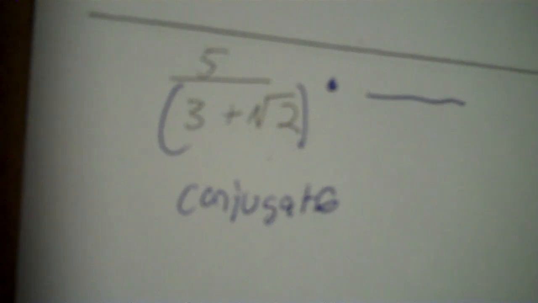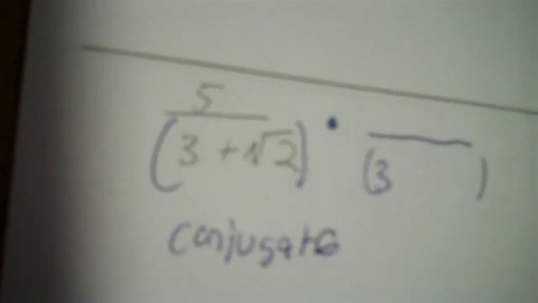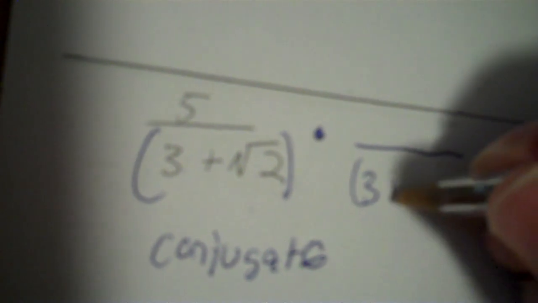You're going to multiply by a fraction, but here's how you make this into the conjugate, okay? You're going to put a parentheses, and you're going to put the 3. The 3 stays the same, and then plus, but then that square root of 2 we're going to turn into a negative. It's positive over here, so we're going to make it negative over here.